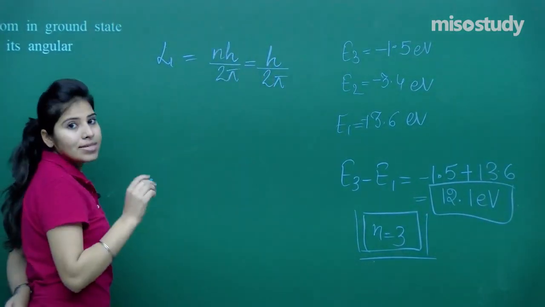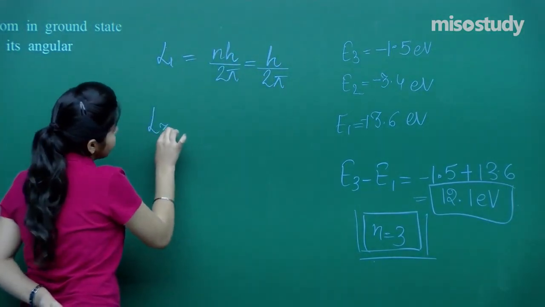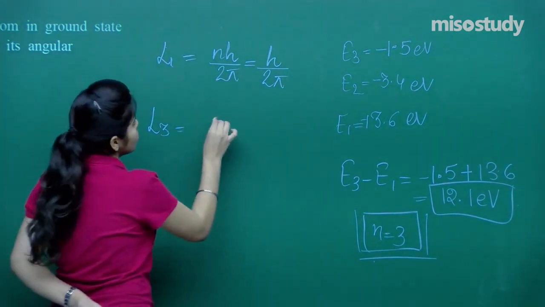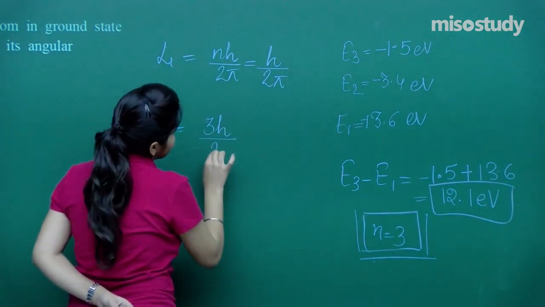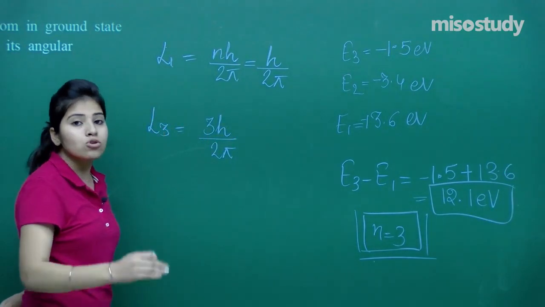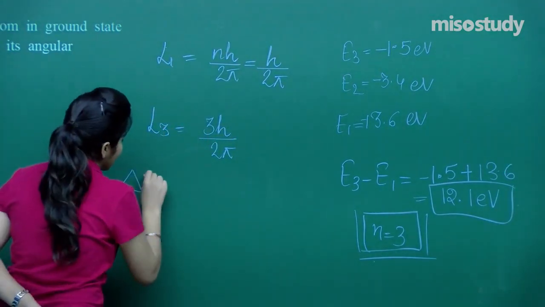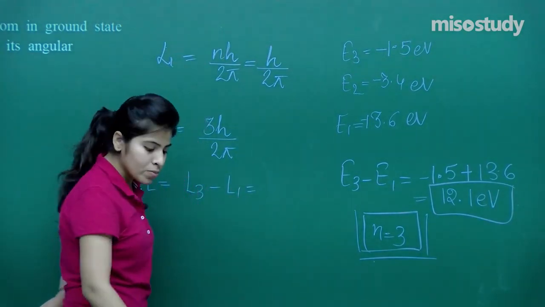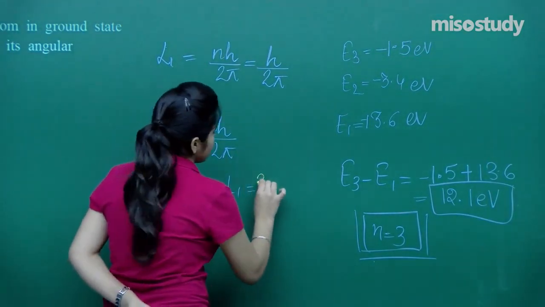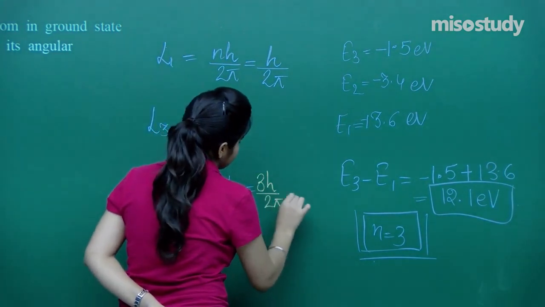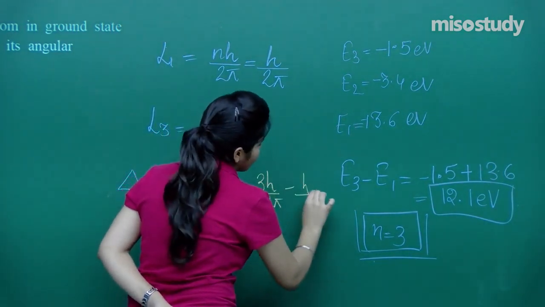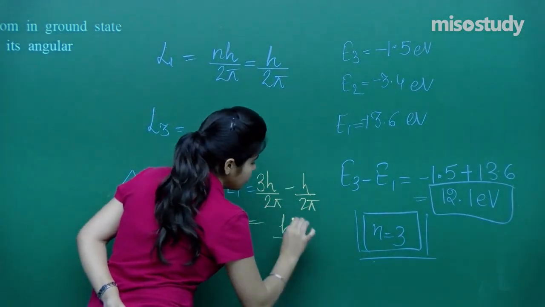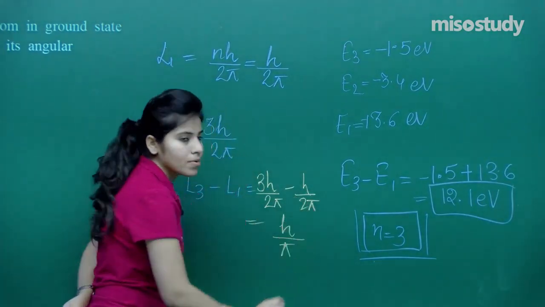In the second case, L3, because the electron has moved to the third shell, your angular momentum will be 3h upon 2 pi. To find the difference, delta L will be L3 minus L1, so 3h upon 2 pi minus h upon 2 pi. You are left with h upon pi.